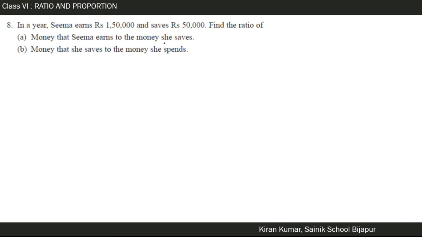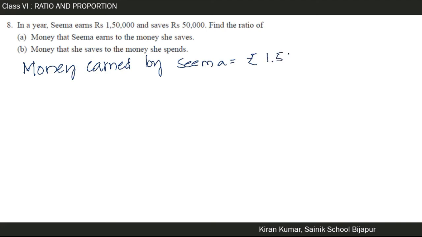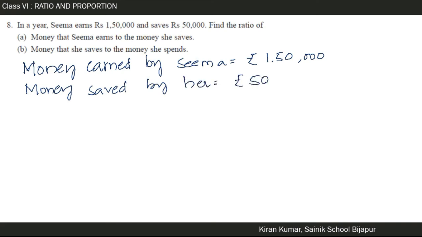So here they have given that money earned by Seema is rupees 1,50,000. Money saved by Seema is rupees 50,000.